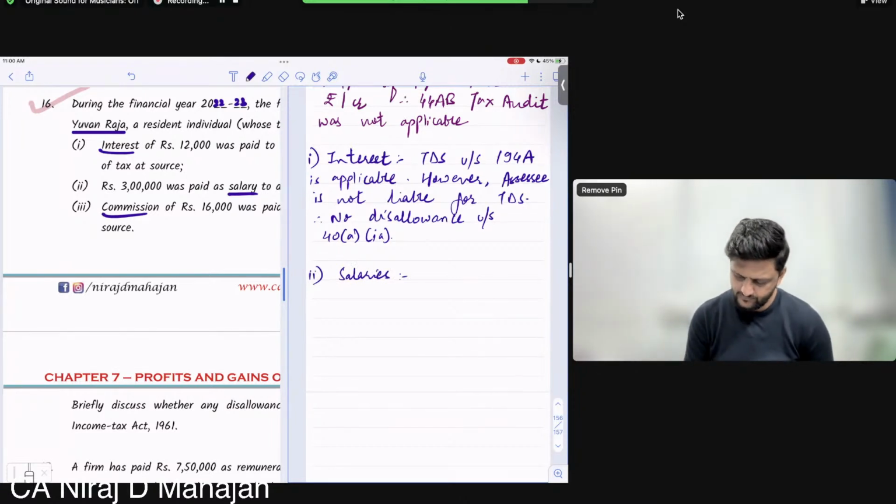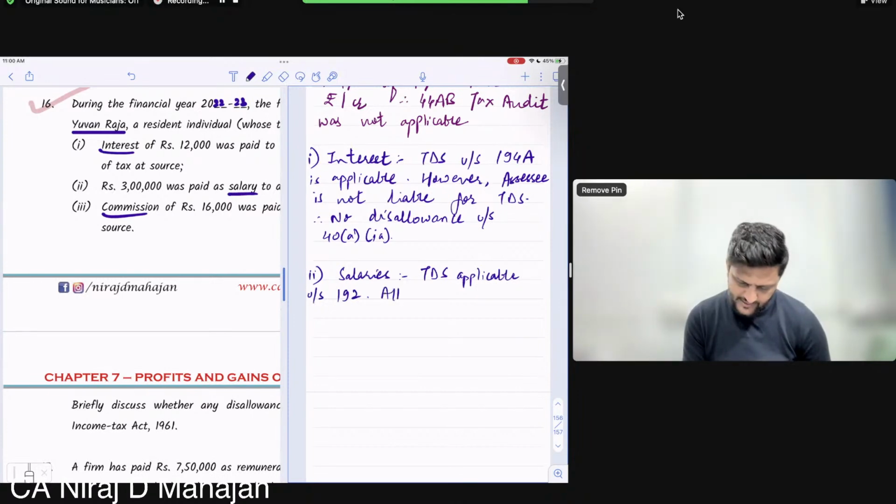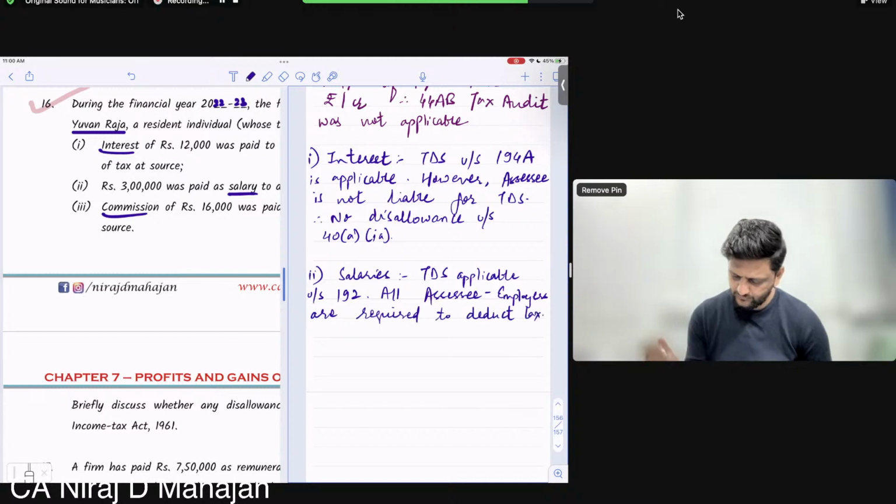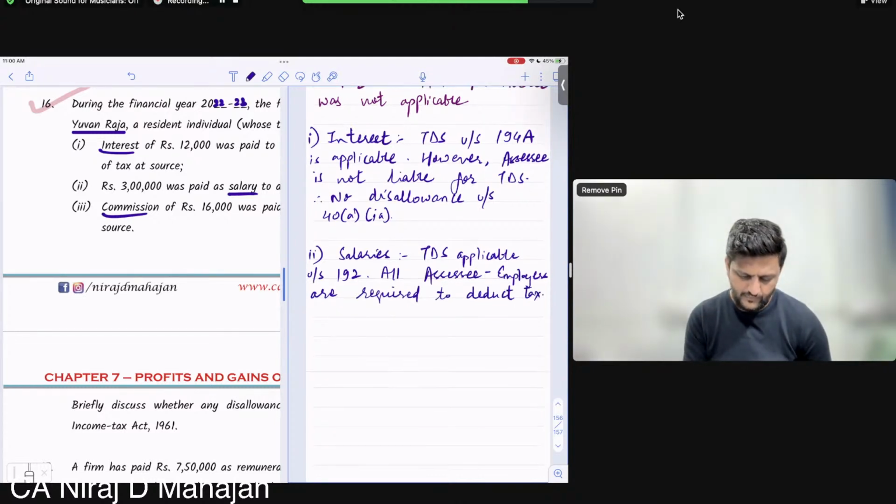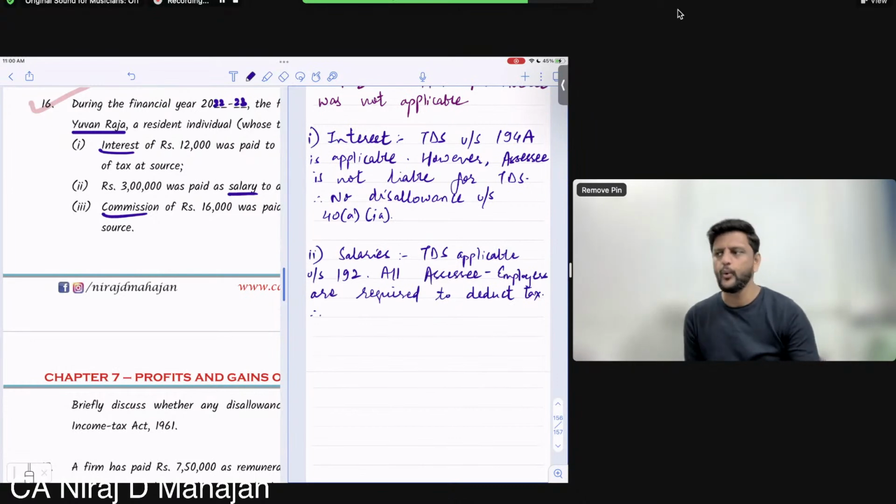Salaries. It is applicable under section 192? Yes. And all assessee employers are required to deduct tax. Okay. And did he deduct tax? No. Okay.